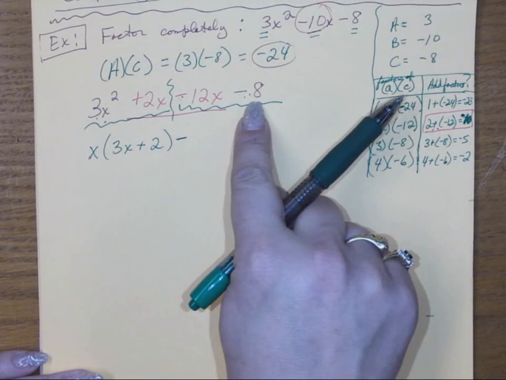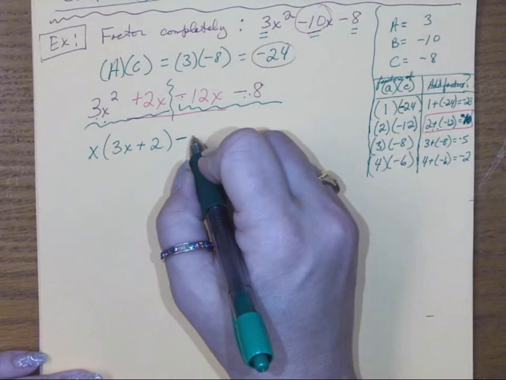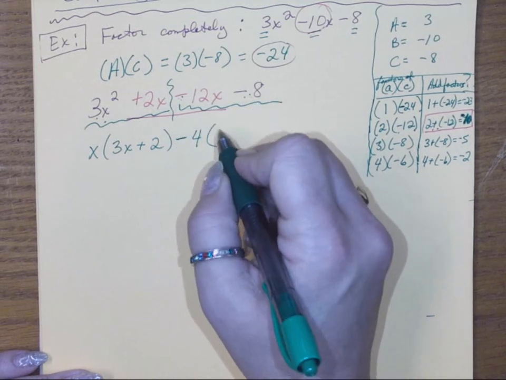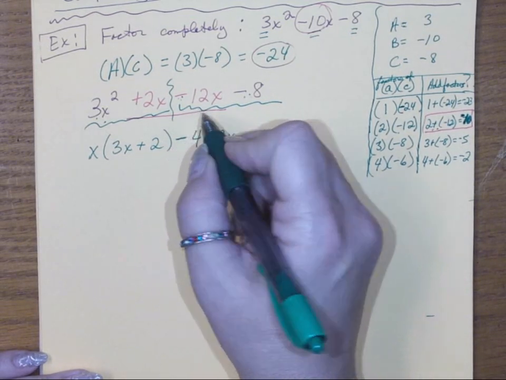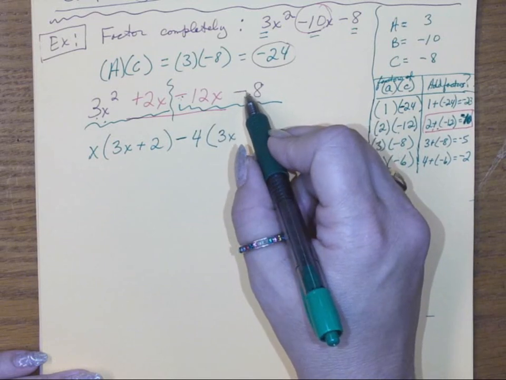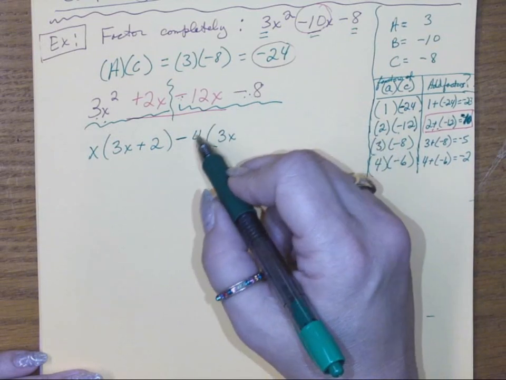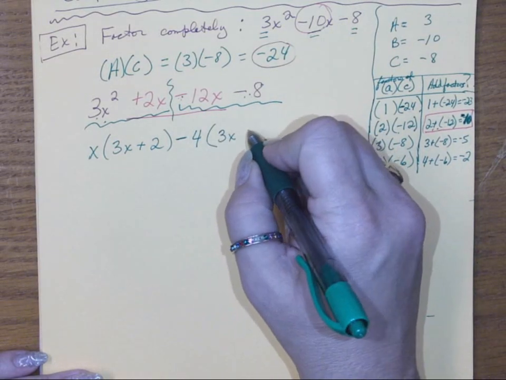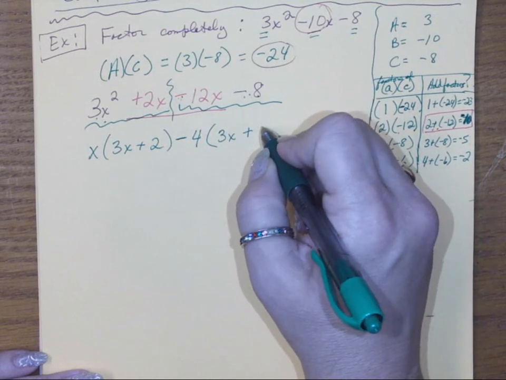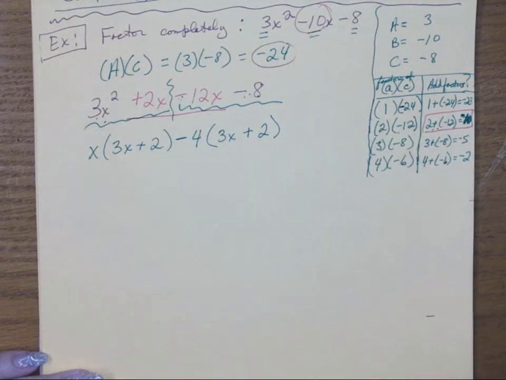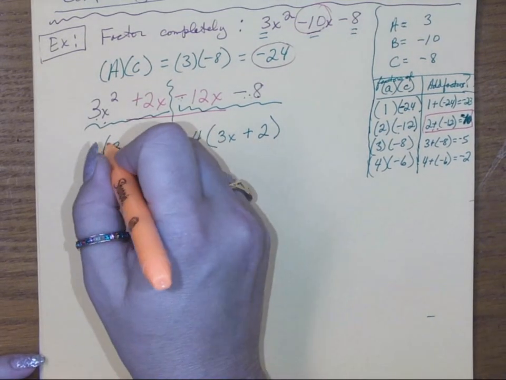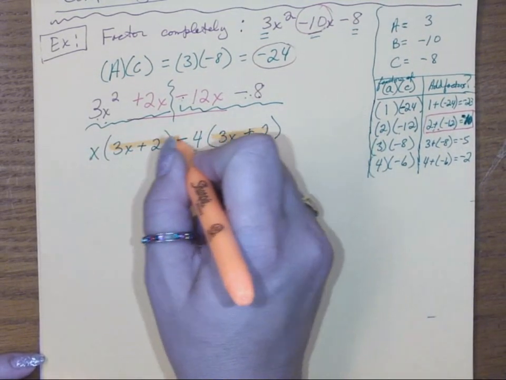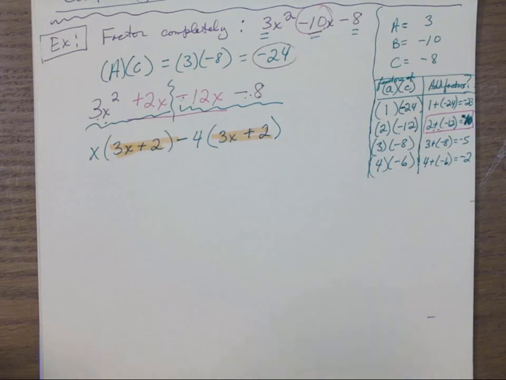Okay, what else do they have in common? Hope you're saying a 4. They have a 4 in common. So that leaves me a 3x whenever I divide the 4 out of the 12x. And whenever I divide the negative out of here, negative 8 divided by negative 4, I get a positive, and dividing by the 2, I get a 2, and I'm feeling very fortunate right now because these guys match, right? 3x plus 2, 3x plus 2.